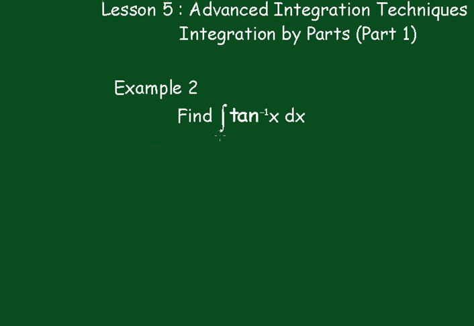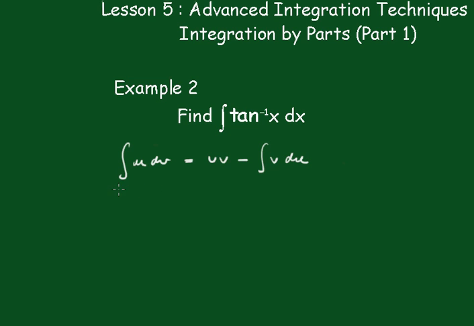Okay, now with this type here, you just got one thing, but you've got something else interesting here. You've got a 1 in front of that. So this is a nice little trick, this one. Let's write that rule out again. See if you can remember it. The integral of u dv equals uv minus the integral of v du.